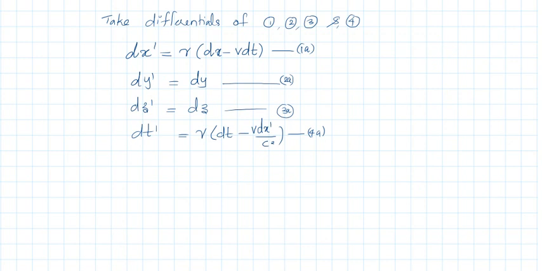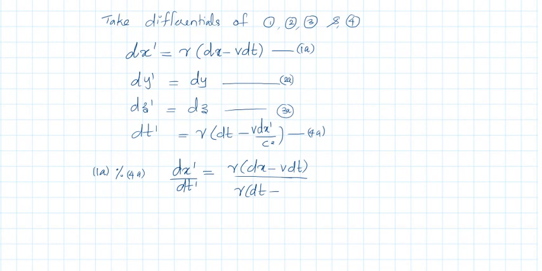Now, what I will do is divide 1a by 4a. Then I will get dx prime by dt prime is equal to, on the right hand side, gamma (dx minus v dt) divided by gamma (dt minus v dx by c square).